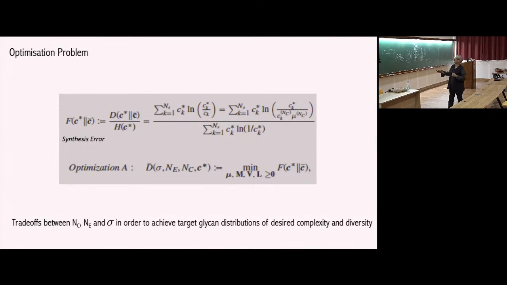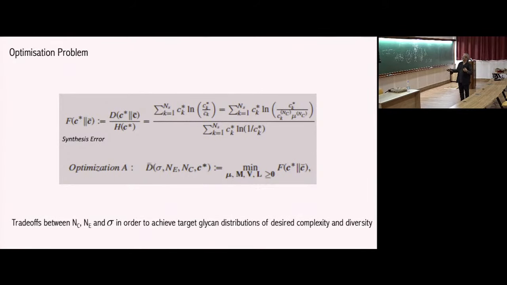I follow the definition that I gave earlier, and that's on this side. But since I'm given CK star because I know the target, and the target is a complex target, and I've computed what CK is because that is what you get from your reaction kinetics, I can actually make an estimate of this F.